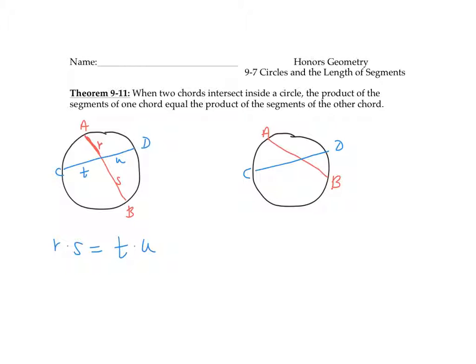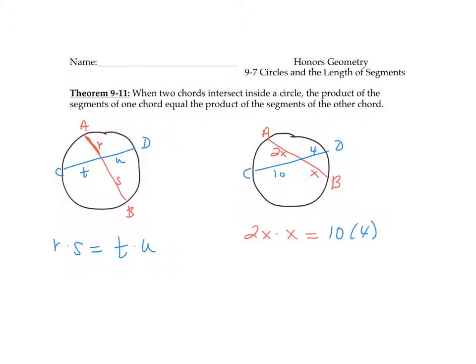So this first segment is going to be labeled with 2x, and the other part of that segment is going to be labeled with x. And our chord CD is divided into 2 segments that are 10 units long and 4 units long respectively. So according to our theorem, we can take 2x times x, and we'll set it equal to 10 times 4.